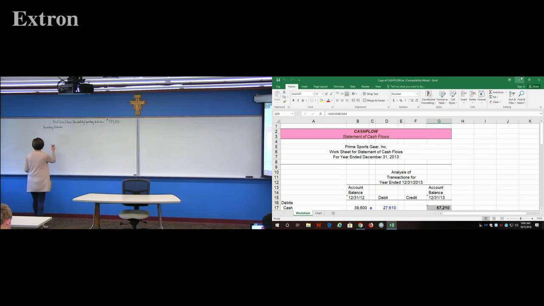Purchase of new equipment. And that amount was 90, right? Cash amount, 90. And what else? Yep. Sale of old equipment.